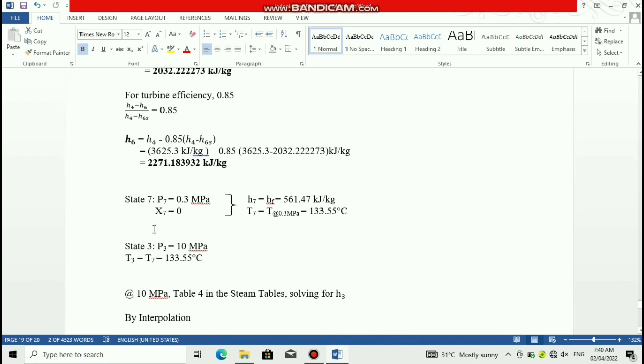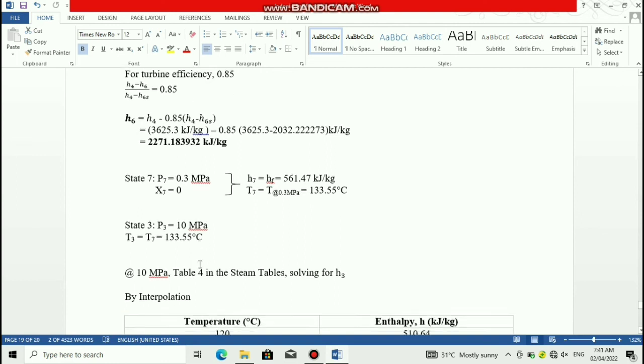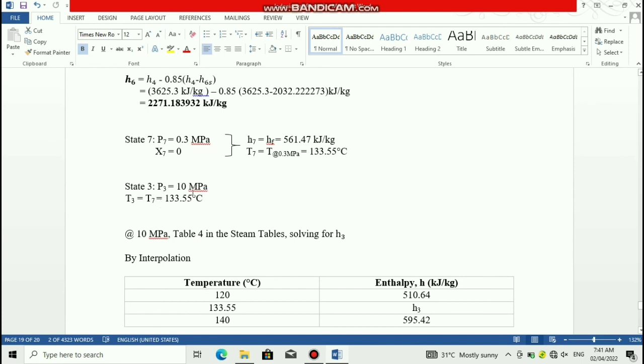At state 7, the pressure is 0.3 megapascal, and X7 equals 0, so it is a saturated liquid. So H7 equals HF equals 561.47 kilojoules per kilogram. Then the saturation temperature, Tsat, is 133.55 degrees Celsius. At state 3, P3 equals 10 megapascal.